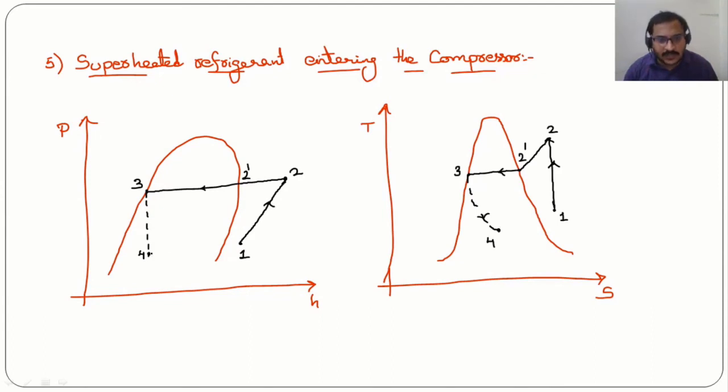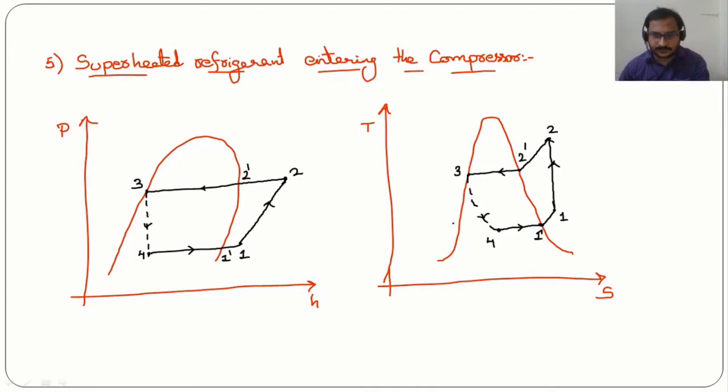Now 4 to 1, at constant pressure there will be vaporization in the evaporator, so you will get the curve like this, and here from 4 to 1' there will be phase change in the evaporator, and 1' to 1 superheating happens. That means the temperature of the refrigerant increases in the evaporator itself.